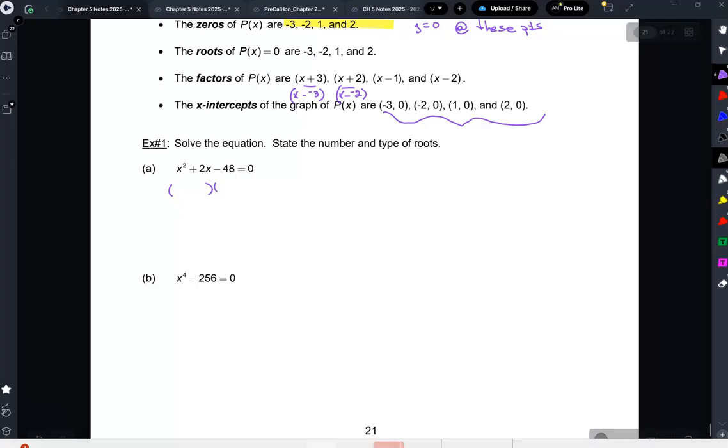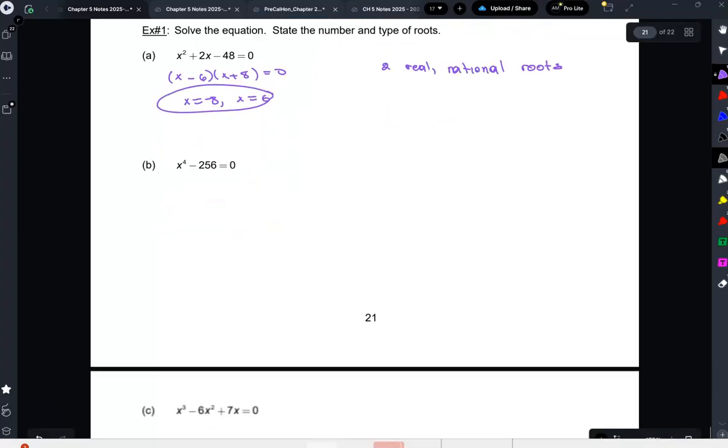Tell me, how does this factor? Oh, what do you guys think? There we go. So x equals -8, x equals 6. So we have two real rational roots.